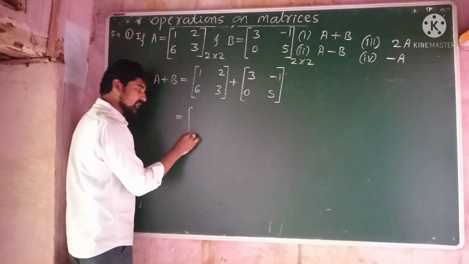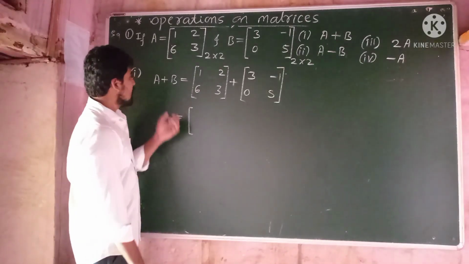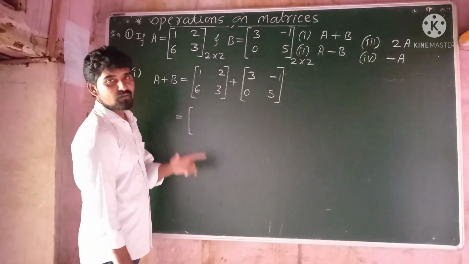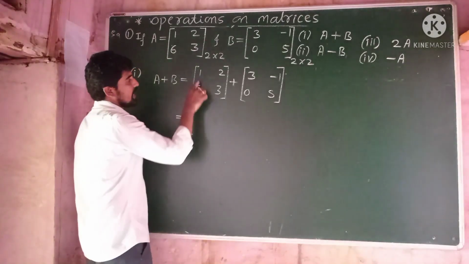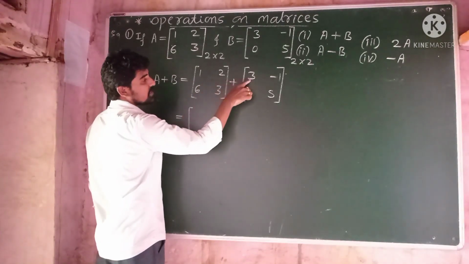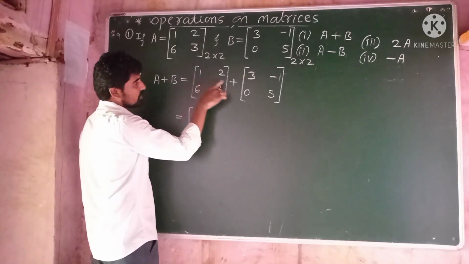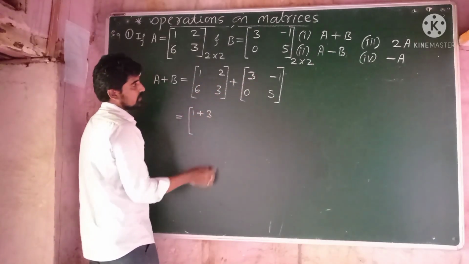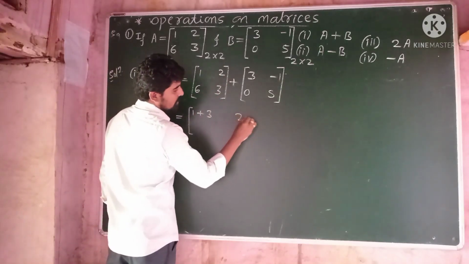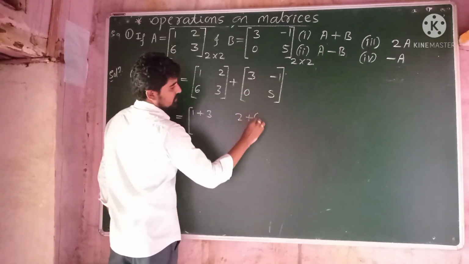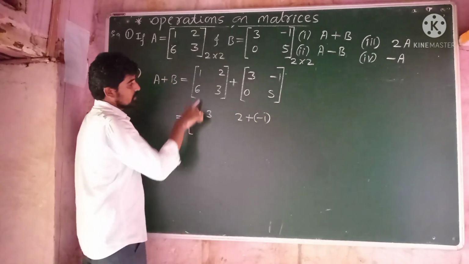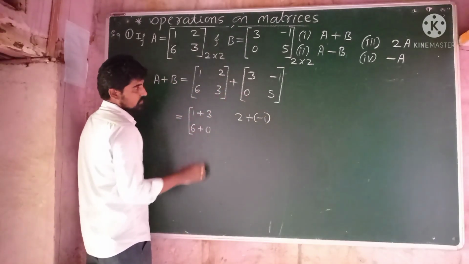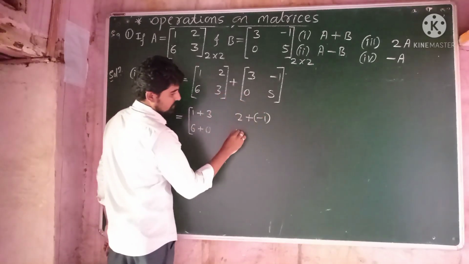Addition of two matrices, or A plus B matrix, is obtained by adding the corresponding elements, means 1 plus 3, 2 plus minus 1, 6 plus 0 and 3 plus 5.